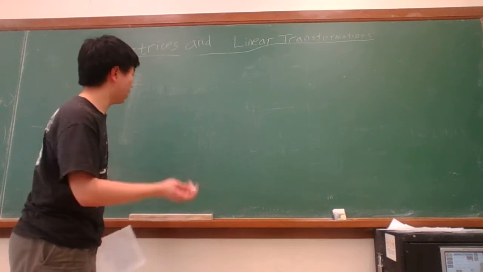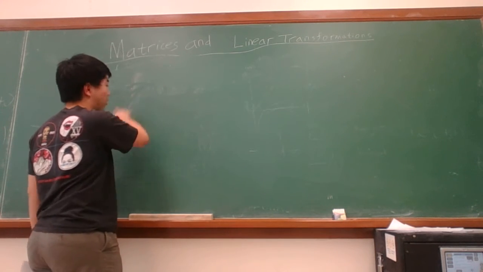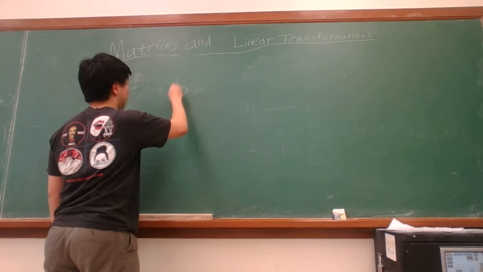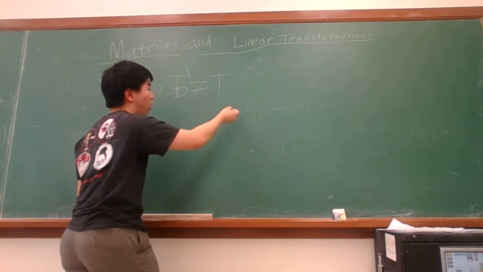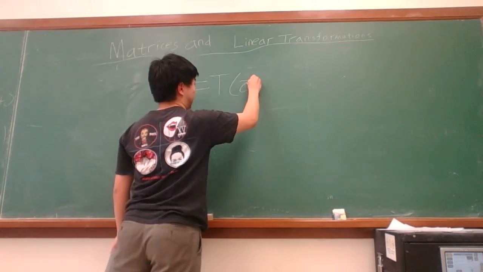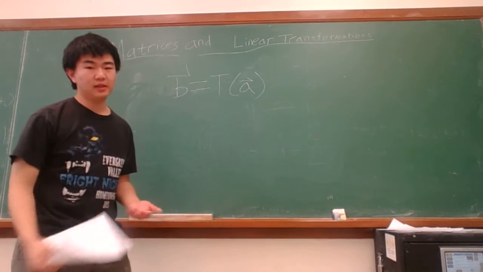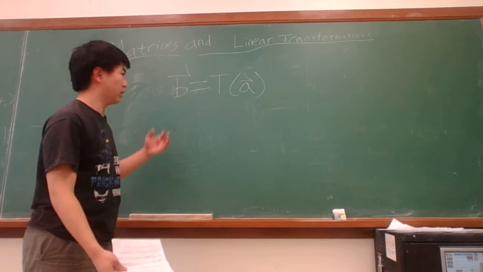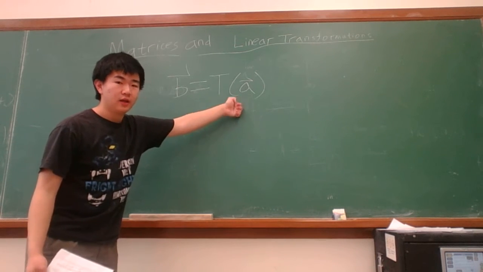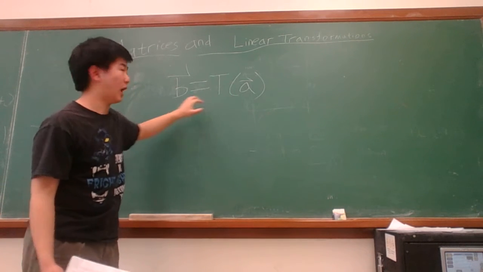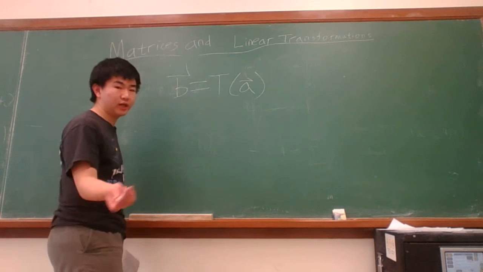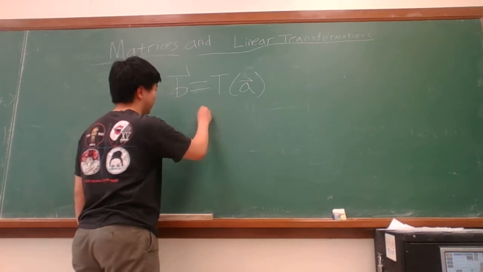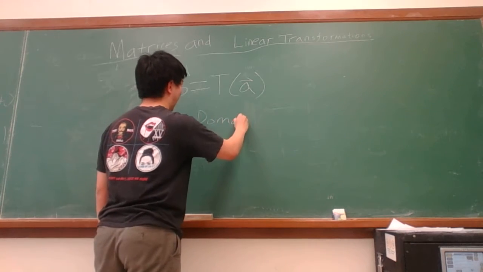So let's talk about some output vector B that is some transformation on A. What this really means is we're going to put in a vector A to this function, and we're going to output a vector B. Here's some standard mathematical notation: what it can take in is a vector, and it outputs a vector.